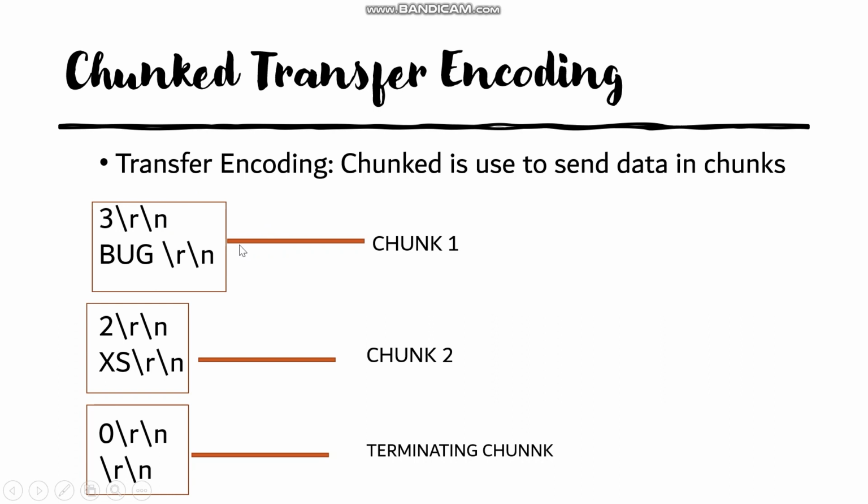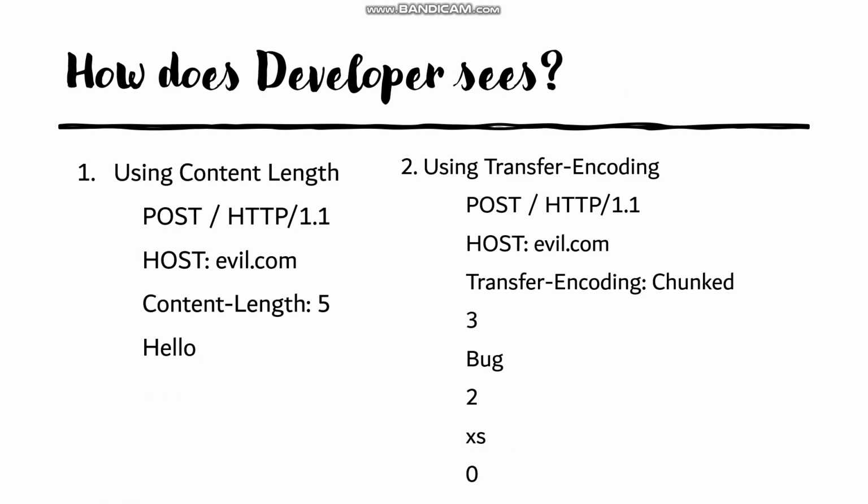It is like a terminating clause of a chunk, not the terminating chunk mentioned here. So 3\r\n means the next data is of length 3, and 2 means the next data is of length 2, so bug and xs. Now 0\r\n means that there is no more data and it can now be transferred to the backend server. That is the terminating chunk.